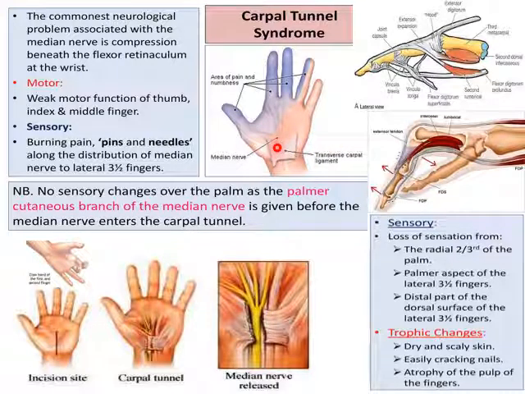When there is compression of the median nerve in the carpal tunnel, it is known as carpal tunnel syndrome, which can be due to fibrosis of the flexor retinaculum, inflammation of the radial and ulnar bursa, which wrap the long flexors of the forearm, and carpal bone dislocations also.